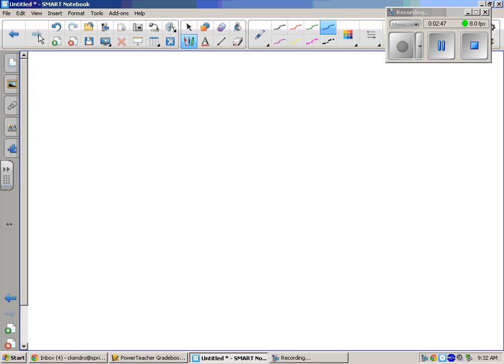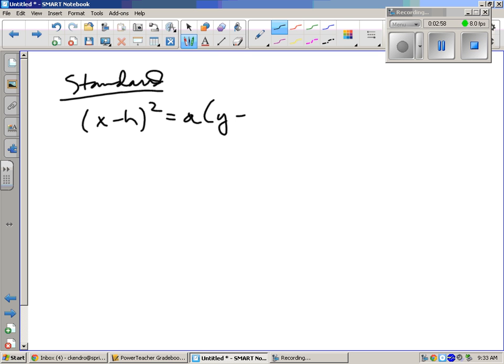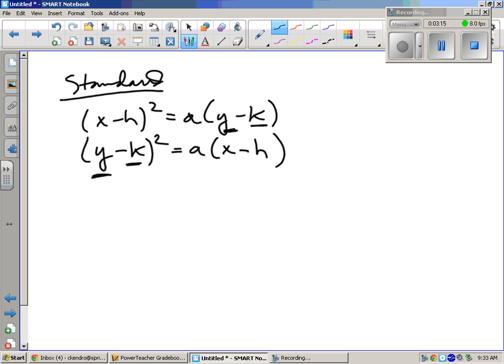Another form that you might see, another form that's considered standard but a little bit different, is (x minus h) squared on this side, and then a(y minus k) on the other side. Okay, or it could be a sideways one where the y is squared, and then you have x minus h in this one. Notice that the k is always with the y, and the x is always with the h, no matter which way it goes.